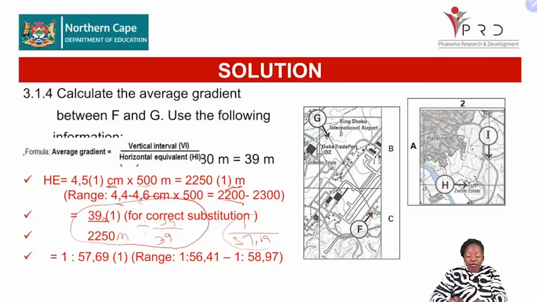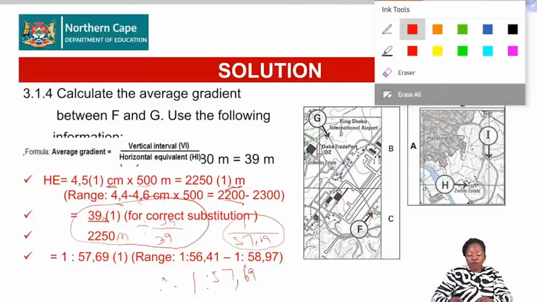Remember this step does not have marks, but it will take you to a ratio scale, because gradient is supposed to be on a ratio scale. Therefore, 1:57,69. Hence, you get that answer. Remember again, there is a range because our measurement was from 4,4 up until 4,6.